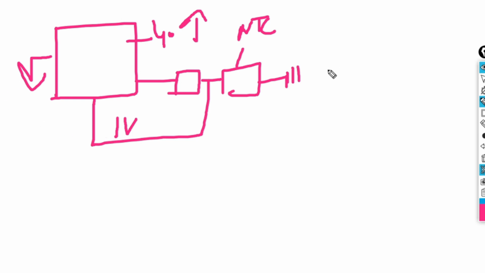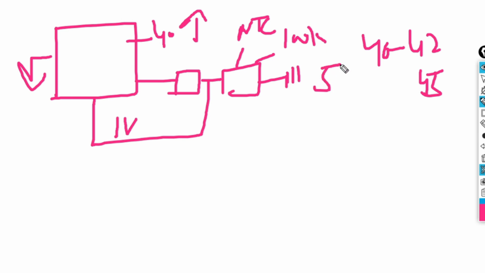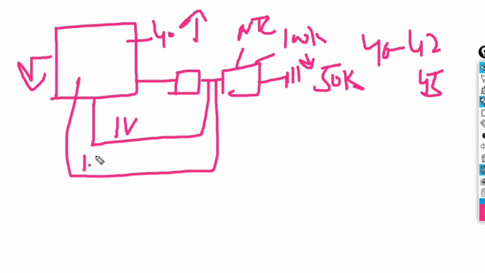But when temperature increase, suppose 40, 42 degree, 45 degree, suppose this resistance, if 100k, it goes to 50k, decreases value, right? Then output will be 1.2 volts, suppose. So this IC sense something is happen, temperature increased, something happening in temperature line.